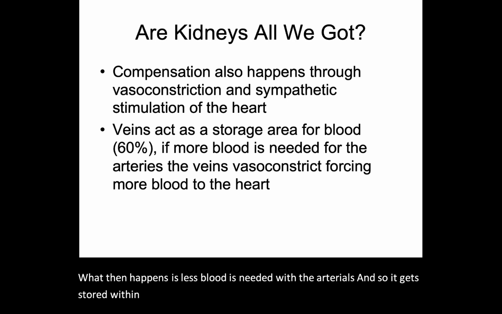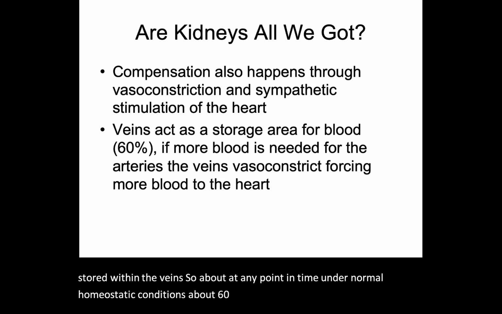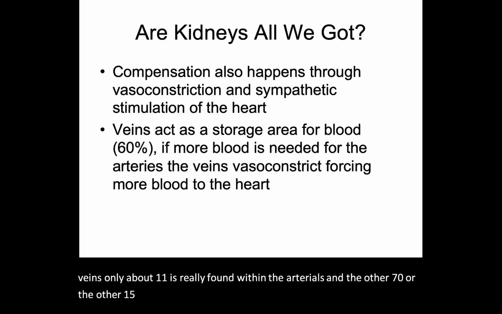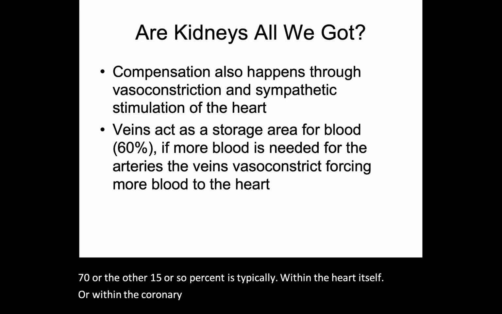So at any point in time, under normal homeostatic conditions, about 60% of the blood is actually stored within the veins. Only about 11% is really found within the arterioles, and the other 15 or so percent is typically within the heart itself, or within the coronary vasculature, or within the pulmonary system.